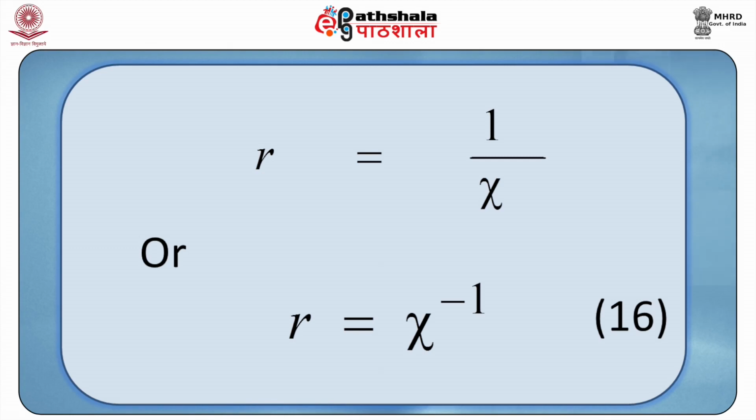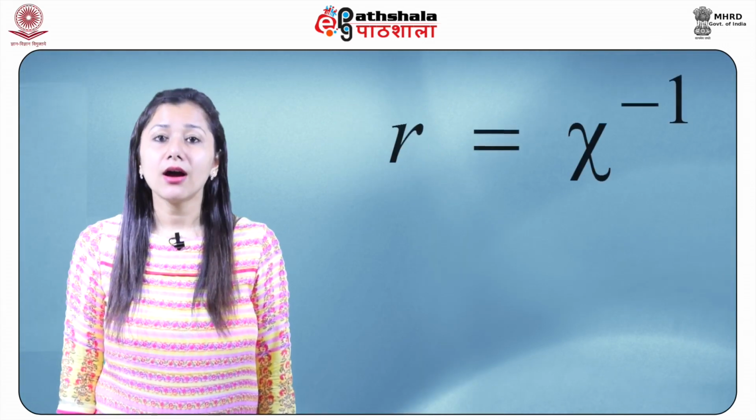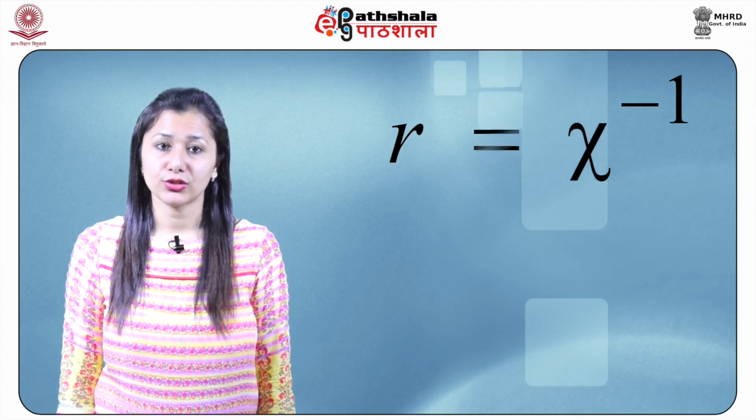We get equation 16 as r equals chi inverse. Hence, the maximum value of the charge contained in a spherical shell is attained only when the spherical shell is at a distance r equals chi inverse.